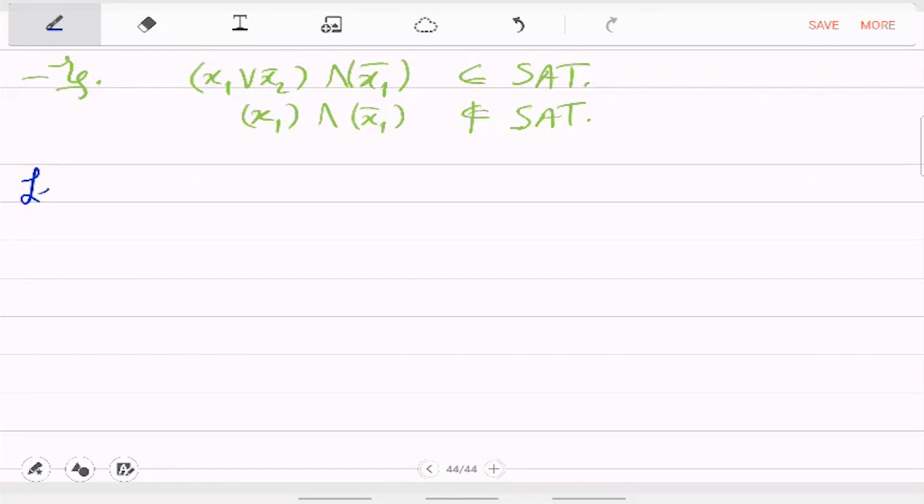So the first lemma we show, an easy observation about SAT, is that SAT is in NP. Why? Because given a formula and an assignment, you can check whether it's satisfying or not.